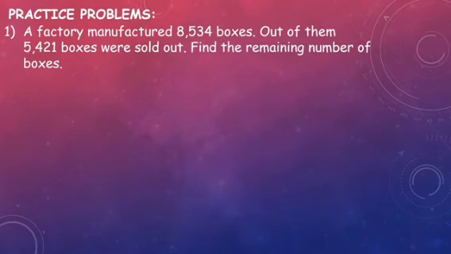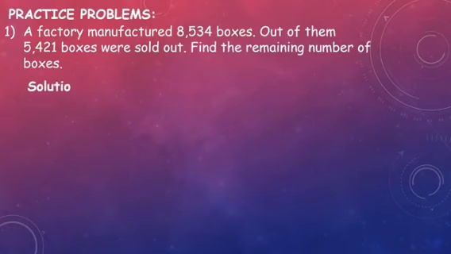Children, remember we need to segment the whole problem. Here we have understood that there is some quantity of boxes being manufactured, and out of them some are sold. So we are supposed to find the remaining number of boxes. This remaining number of boxes will have to be found by subtracting the number of boxes sold from the total number of boxes manufactured.